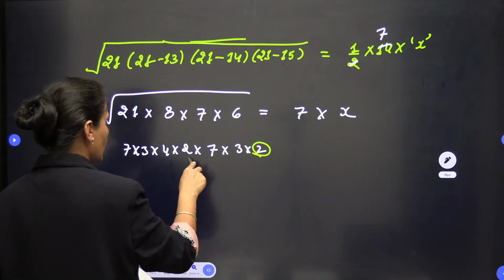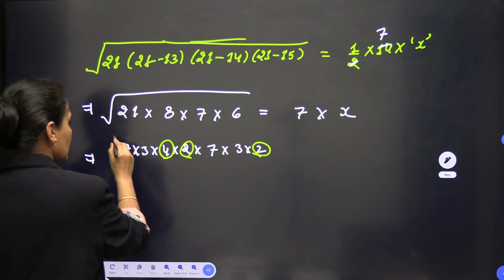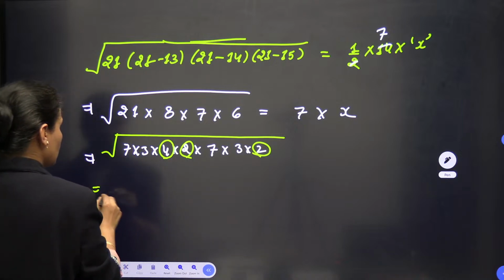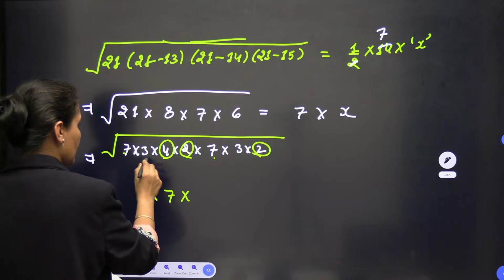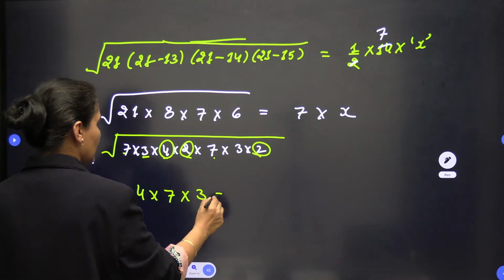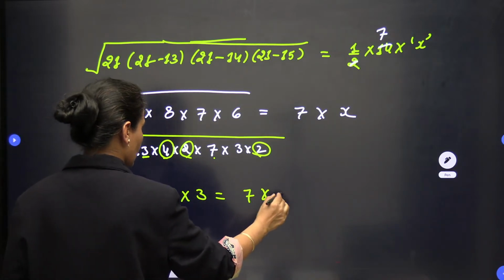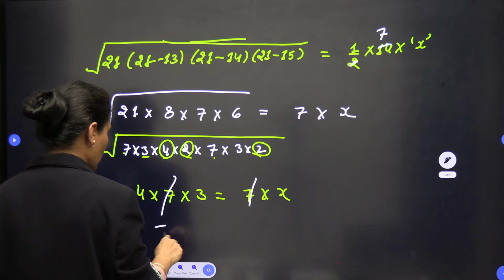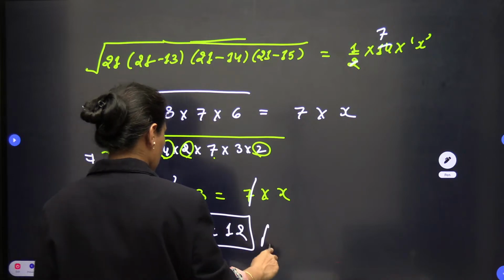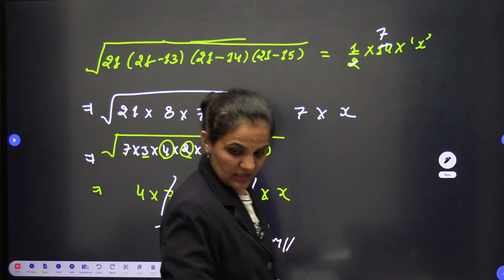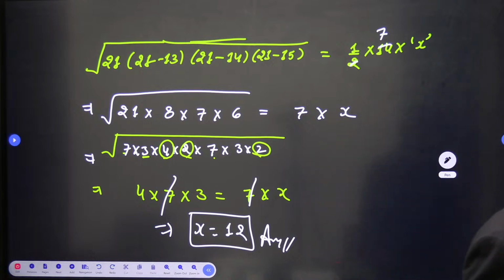So you can see 2 and 2, 4 into 4, 16. When we take it outside the square root, this will be 4. 7 and 7, outside the square root will be 7. 3 and 3, outside the square root it will be 3. Then 7 into X, 7 and 7 will be gone, and we can write the value of X as 12.